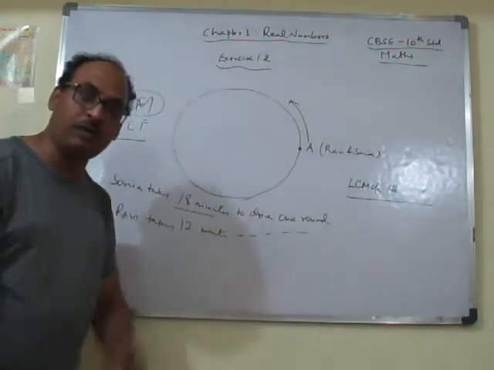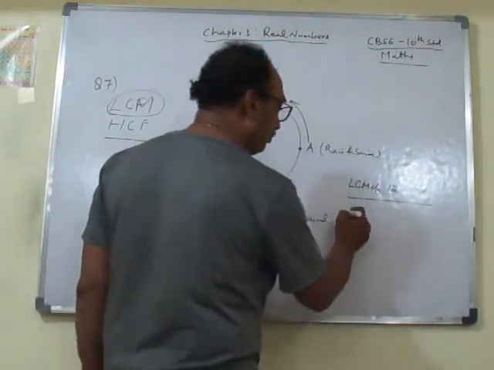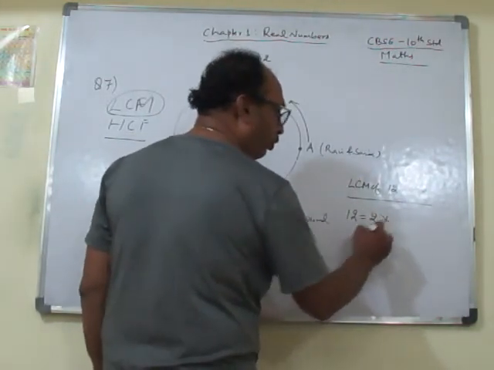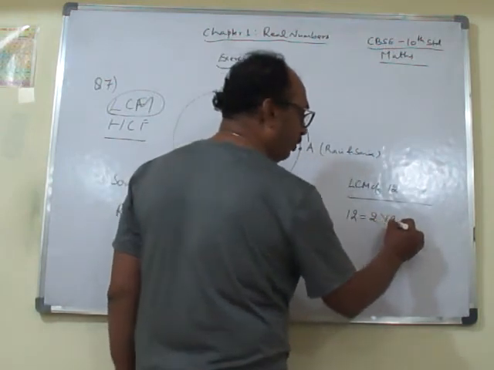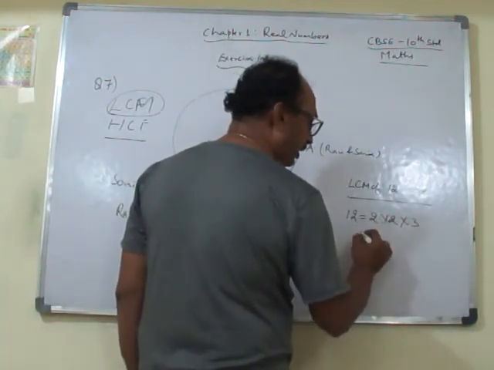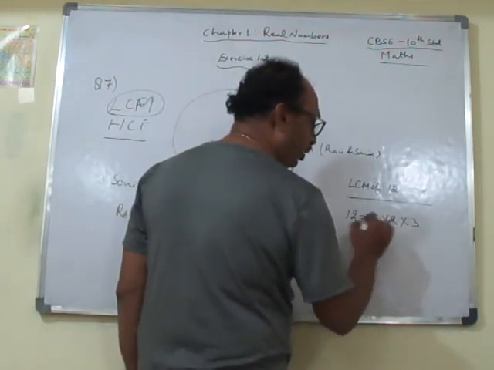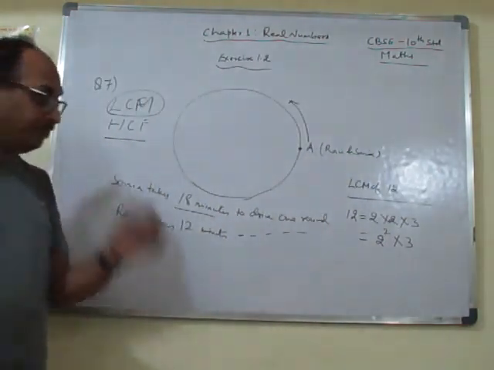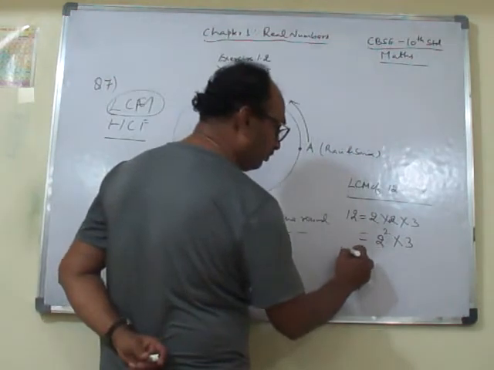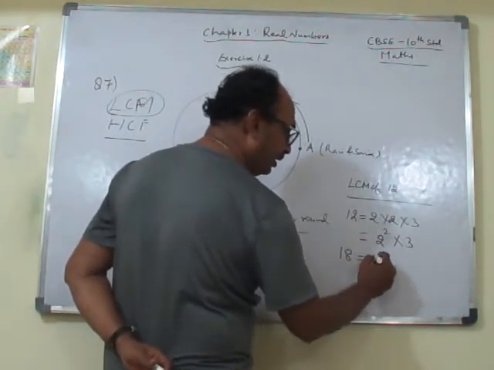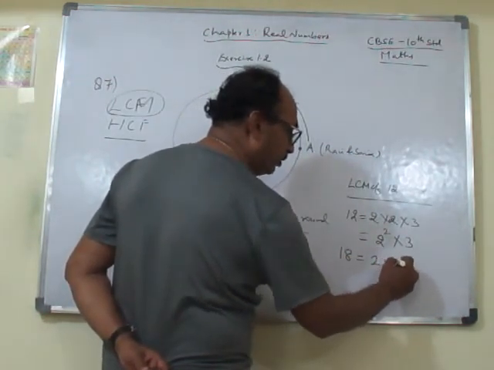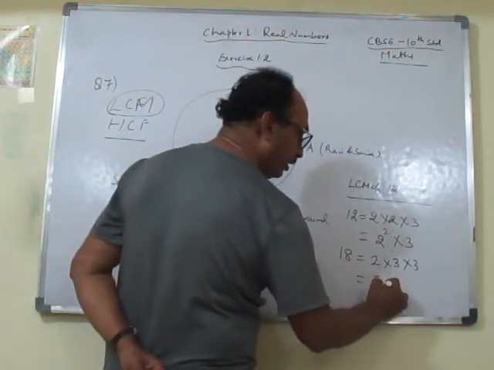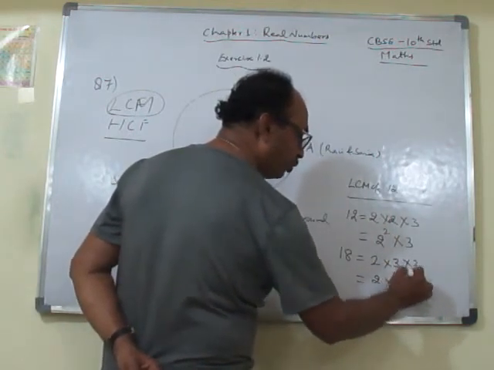Again we will go for factorization. So 12 we can write as 2 into 2 into 3, which is 2 square into 3. Then 18 we can write as 2 into 3 into 3, so 2 into 3 square.